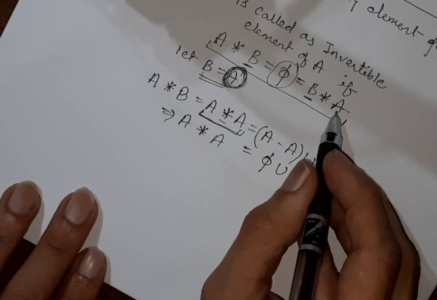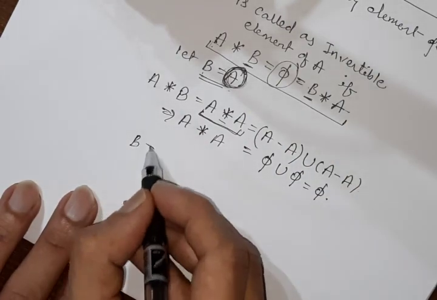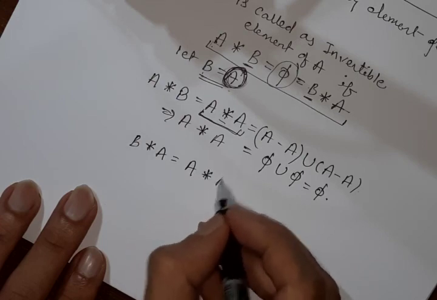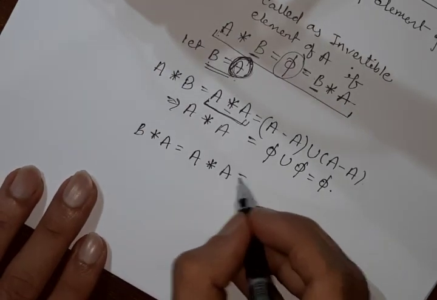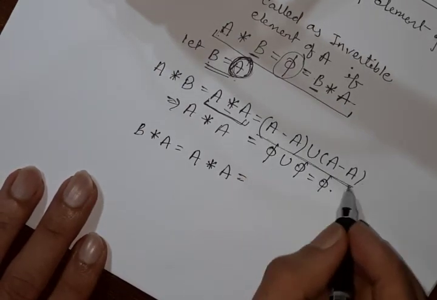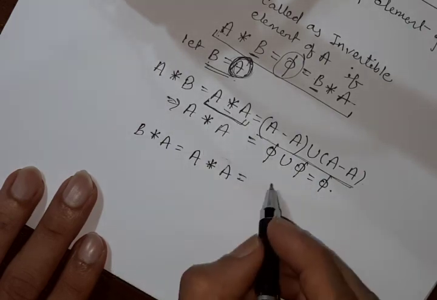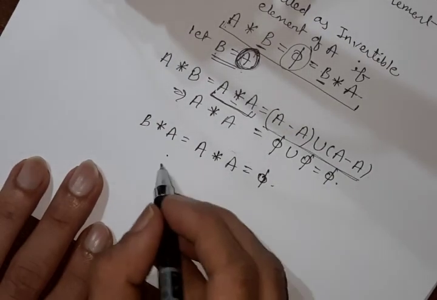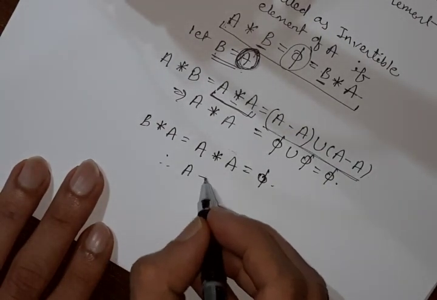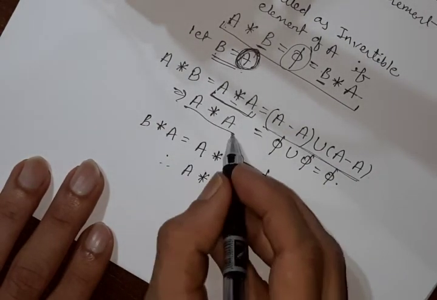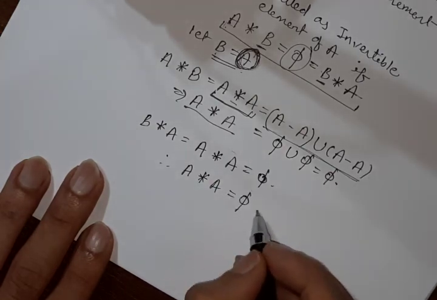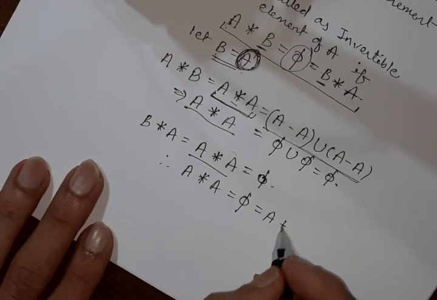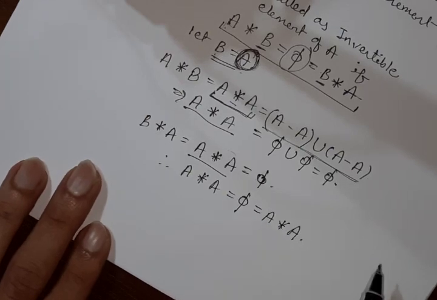B star A. B star A means A star A, because B is equal to A. And by the same thing, you are doing the same here, so there is the empty set right here. Therefore A star A is equal to the empty set, which is equal to A star A.